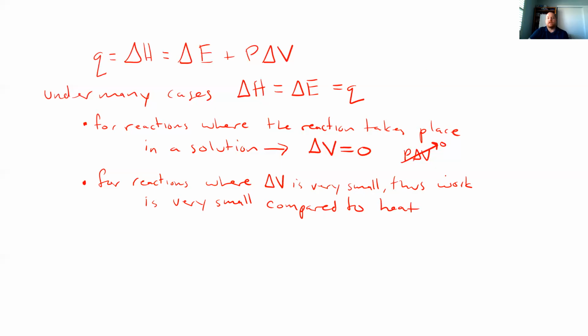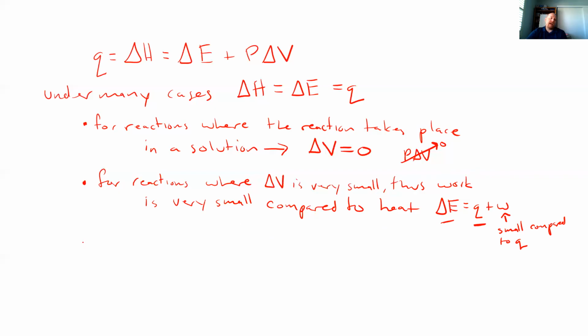If you think about delta E is equal to Q plus W, if the W is very small compared to Q, then Q is pretty much going to be the same as delta E. That's going to occur for very many chemical reactions where there's an exothermic or an endothermic reaction. The heat generated, given off, or absorbed by a chemical reaction will just be much larger than the work is.